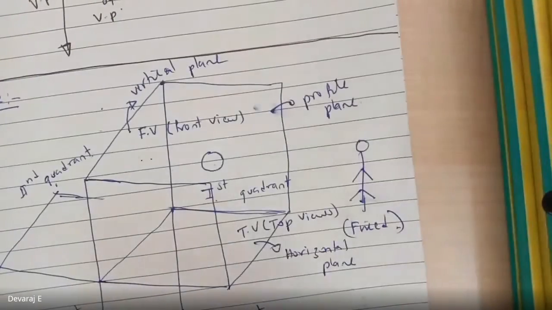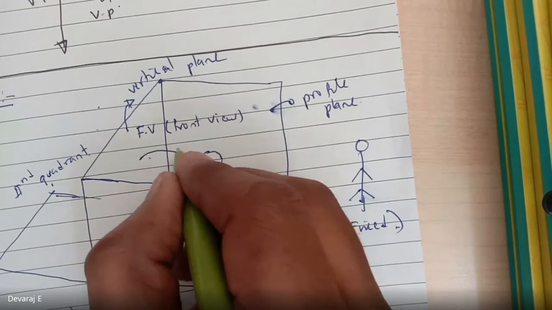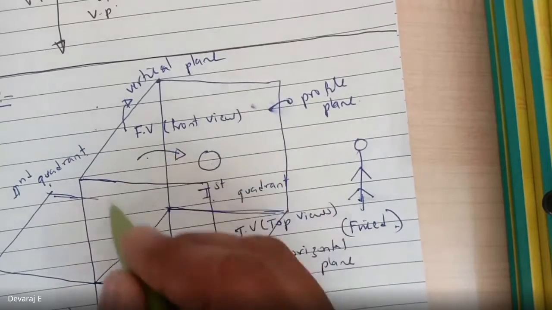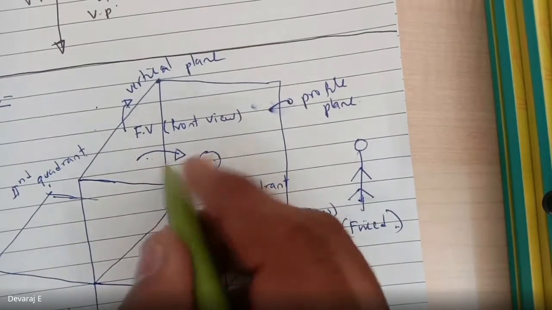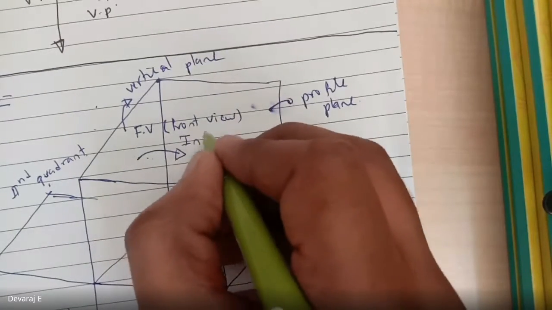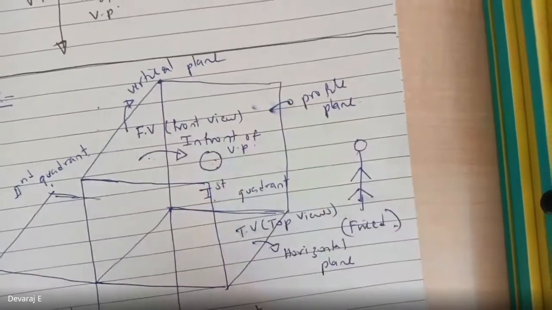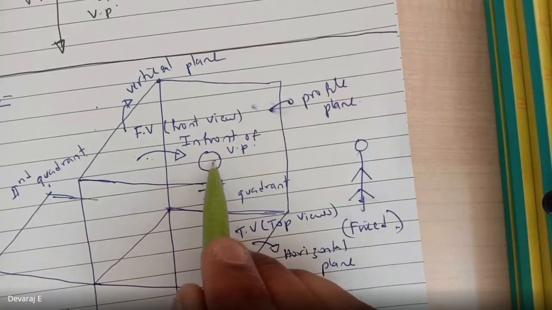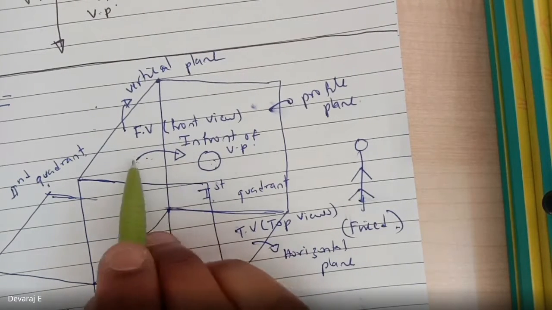If you're seeing the object in front, this is the VP, the vertical plane. If the ball is kept in the first quadrant, it is called in front of VP. So be careful. In front means the observer can see the ball, behind this VP. Sorry, that is in front of VP.